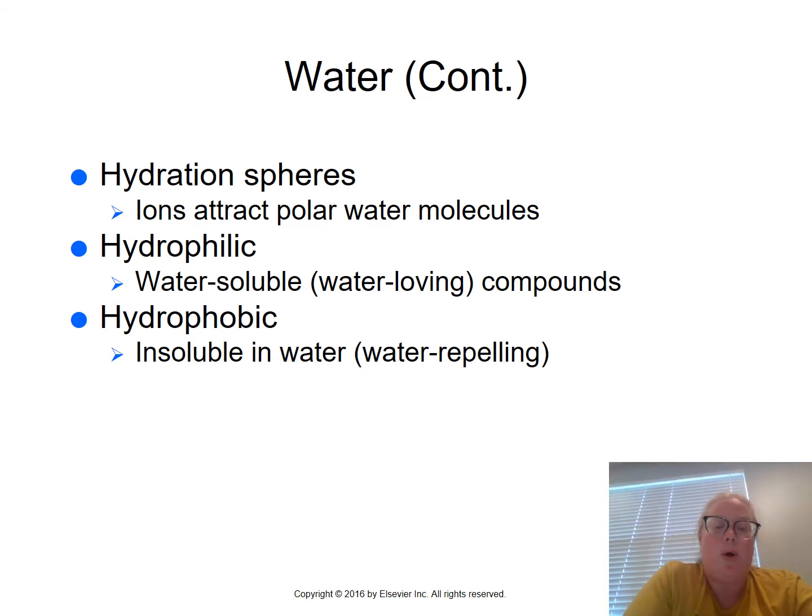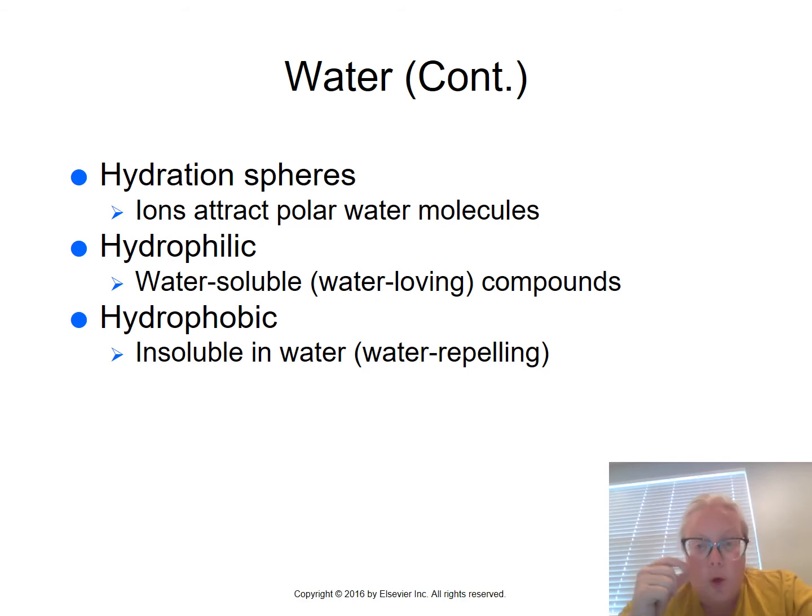Okay, because of their polarity, ions attract the polar water molecules that surround the ions, which in turn attract other water molecules to form hydration spheres around each ion. Formations of hydration spheres are responsible for the solubility of ions in water. So when we talk about hydration spheres again, this is when ions attract polar water molecules.